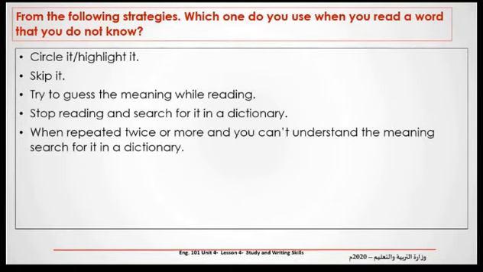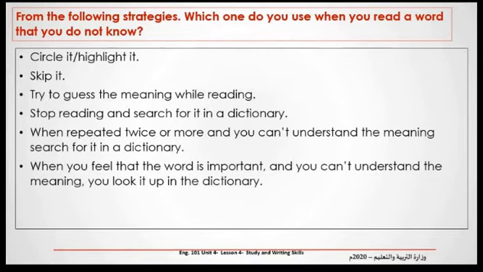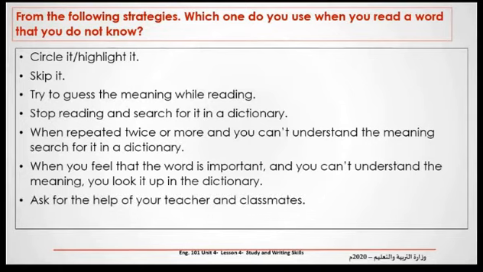When repeated twice or more and you can't understand the meaning, search for it in a dictionary. When you feel that the word is important and you can't understand the meaning, you look it up in the dictionary.